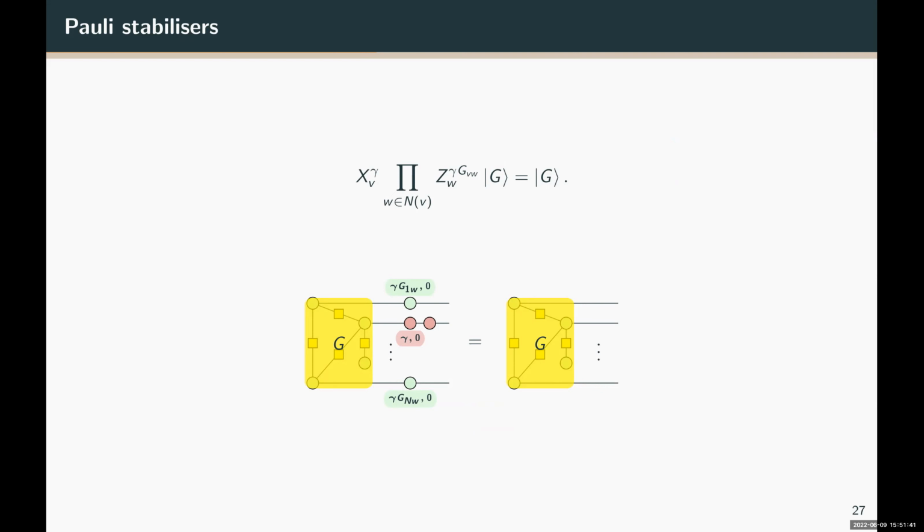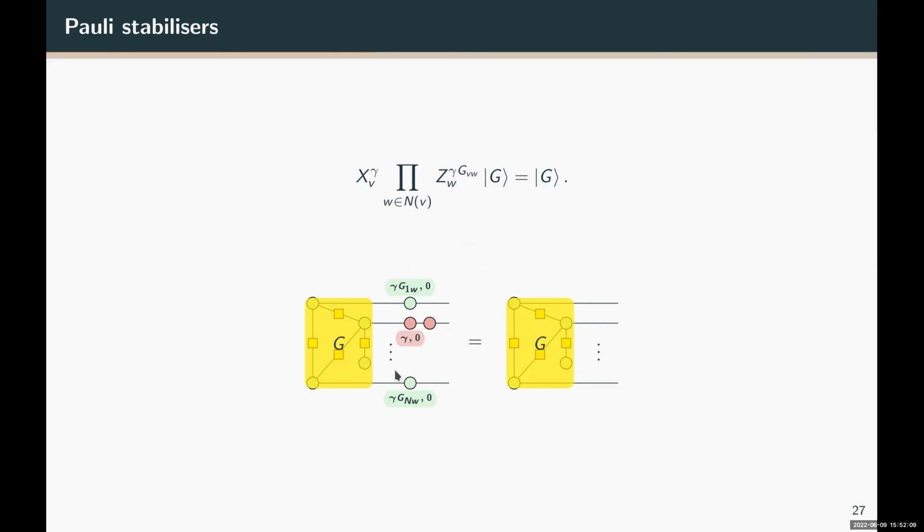The first is a rule for the stabilizers of this graph state. Namely, I think it's well known that if you act on this graph state by applying an x at some vertex and a z operator at every one of its neighbors, which in the qubit case needs to be weighted with the weight of the edge from this vertex v to this vertex w, then this is the same as if you'd done nothing.